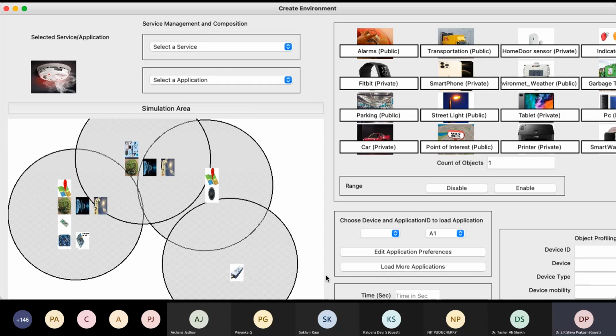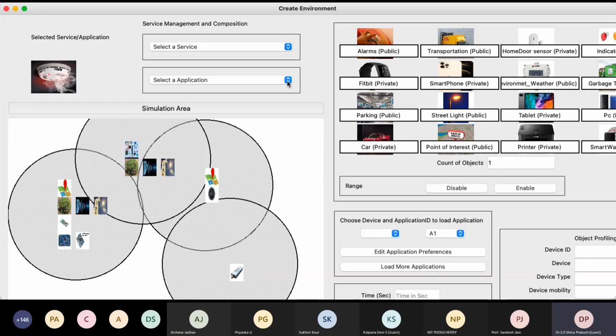Now the advantage here is we are not explicitly identifying or finding the devices and adding them. Rather, we have already created a set of environment applications which have the services inside. Each application has a set of services like location, date, time, point of interest, event, people presence, environment, weather, energy consumption.